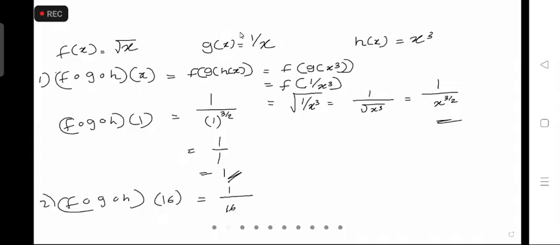Yes, I will change the value. Take point. So simplify.